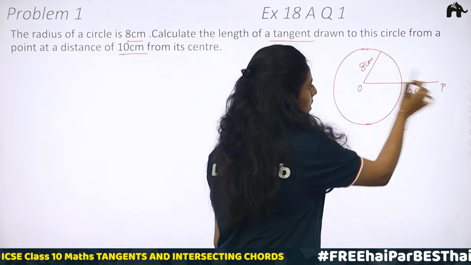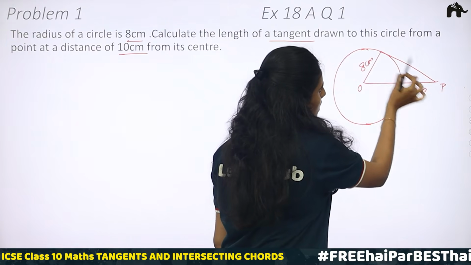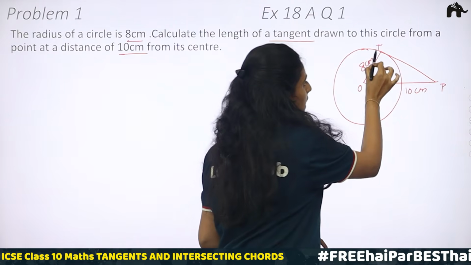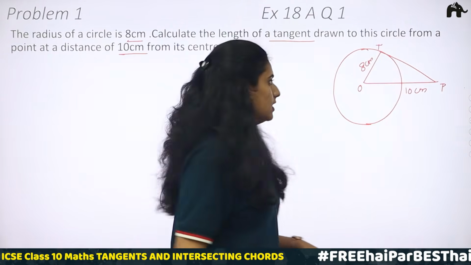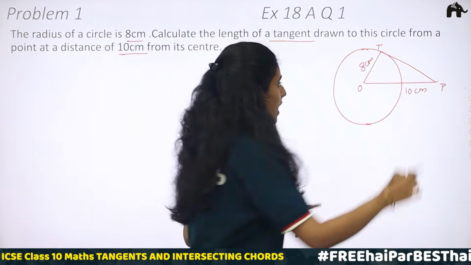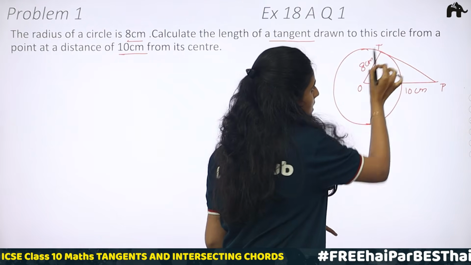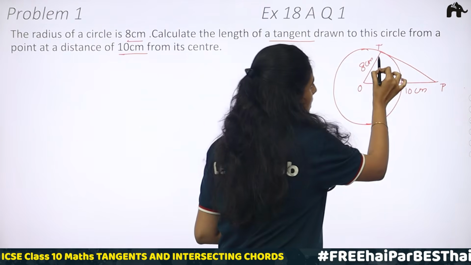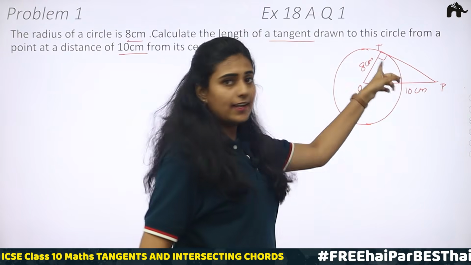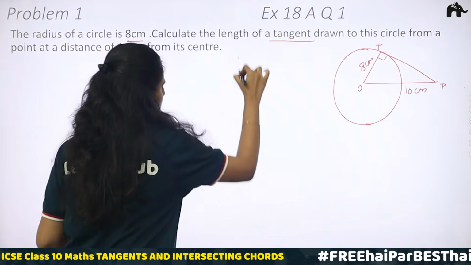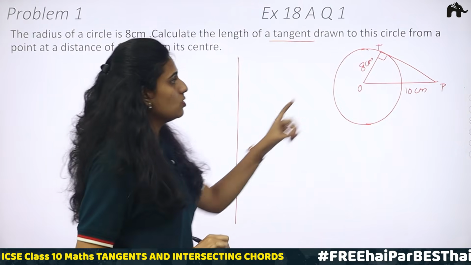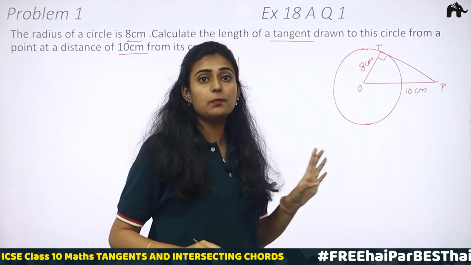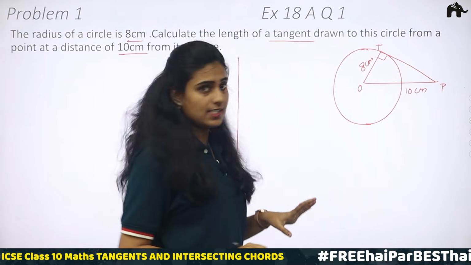From this point P, I can draw a tangent. I will mark this point as T. So, PT is a tangent to the circle. Now, we know that the tangent to a circle at a point and the radius at that point are perpendicular to each other. Therefore, this angle will be equal to 90 degrees.